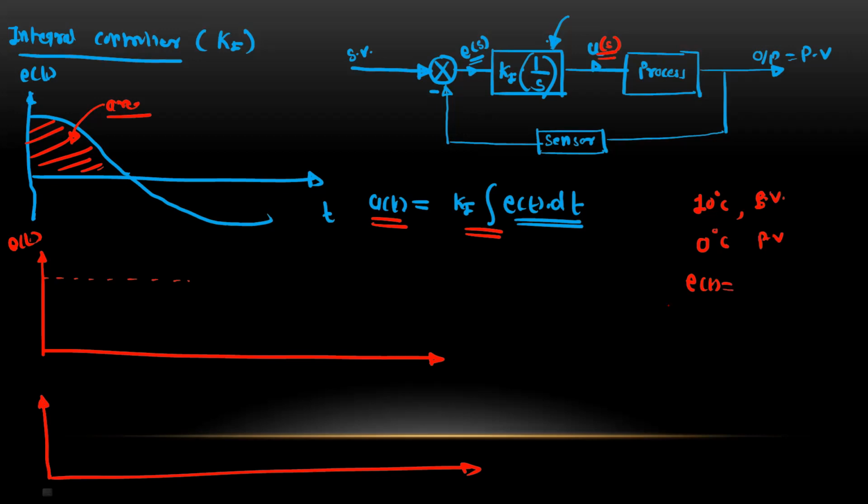Initially when time t is 0 seconds, the error signal will be 10 minus 0, that is equal to 10, which is the maximum error.